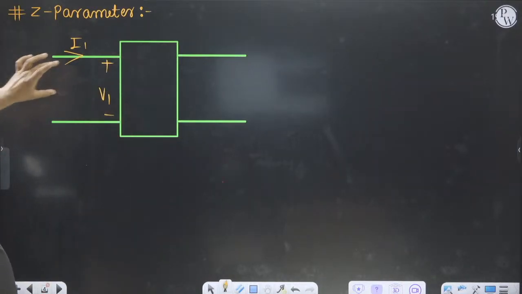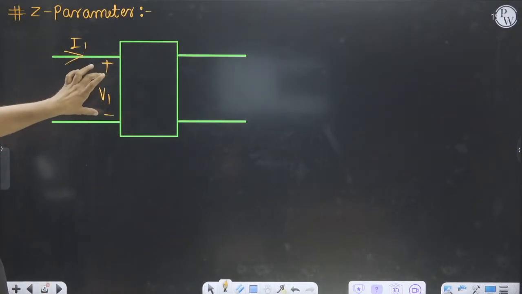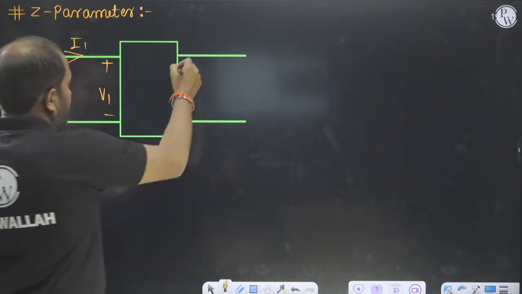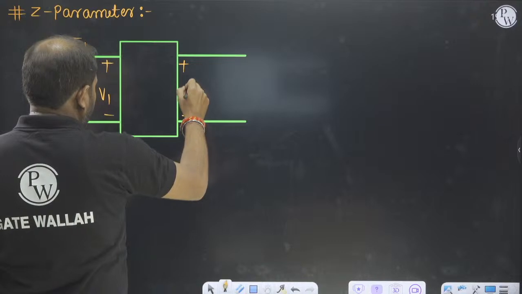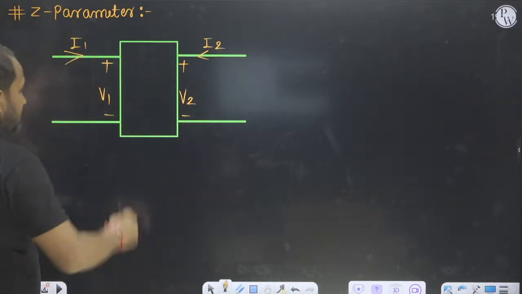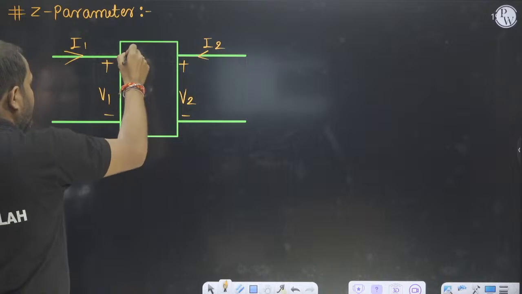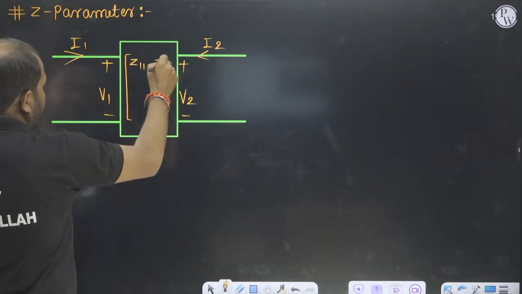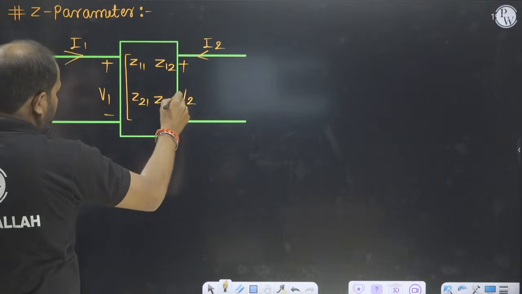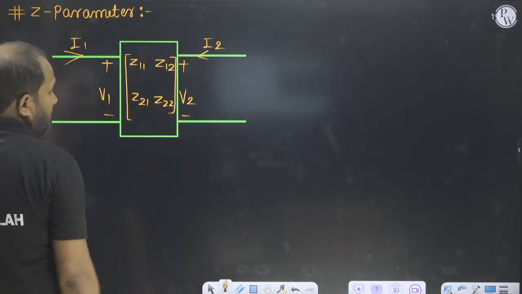V1 is not here, it is near to the two-port network. Then there is a voltage V2 and current I2, and there are parameters Z11, Z12, Z21 and Z22. These are the parameters.